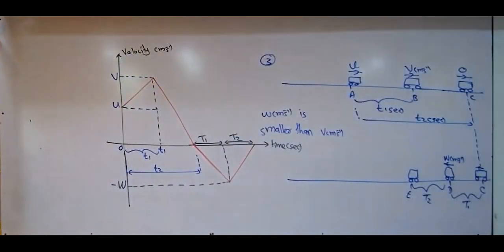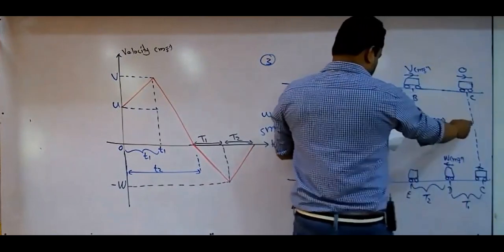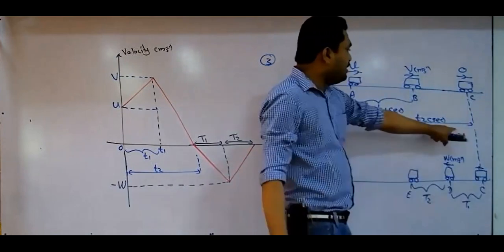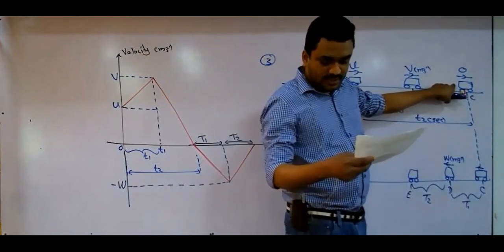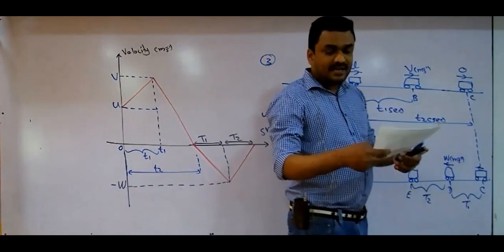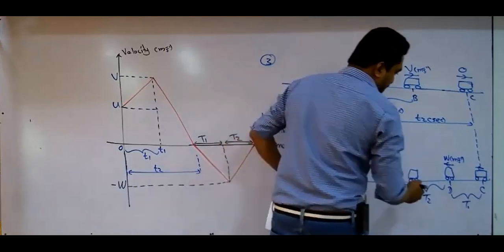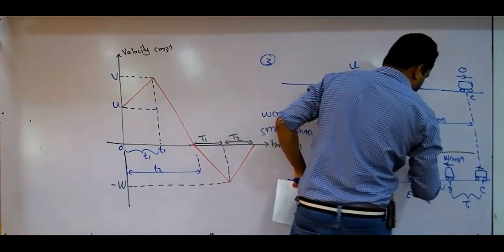Then statement B: the particle will come to rest at the time t equals t2. Yes. At time t2 the velocity is 0. And at t equals t3 the velocity is also 0. t3 means this total time duration.